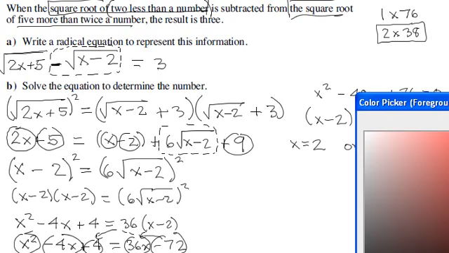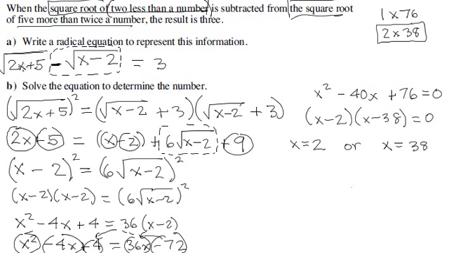Do they work? Are both solutions valid? To find out, we plug them back into our original expression. If I use 2, I get root 2 times x plus 5 minus root x minus 2 equals 3. 2 times 2 is 4. 4 plus 5 is 9.